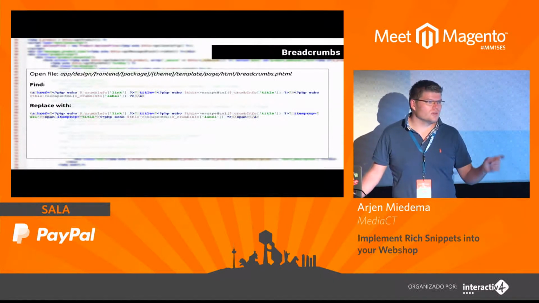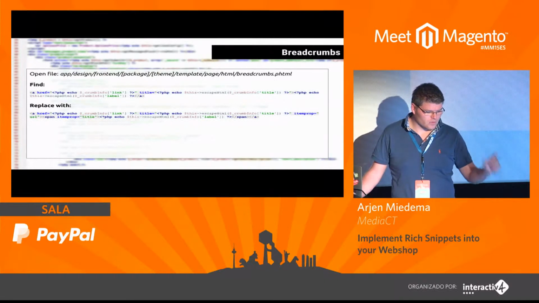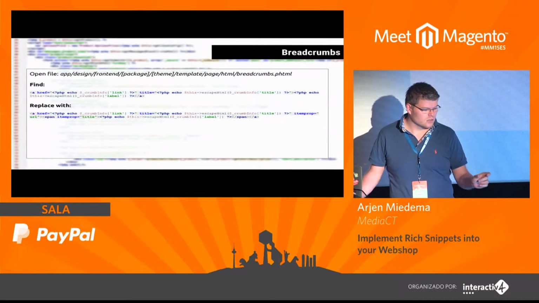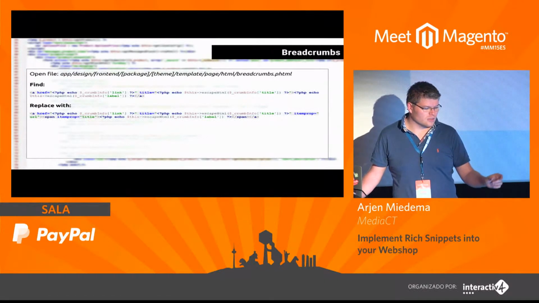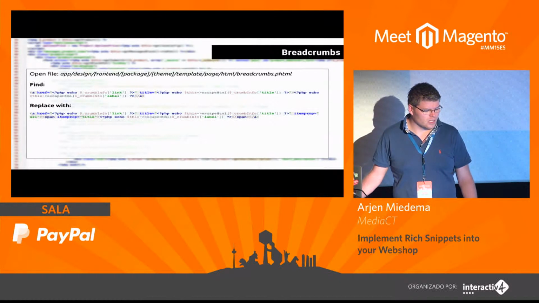In both cases, you have to add some information just to make sure that it reads the correct content. As you can see, I add a span inside my A tag, just to parse the title.